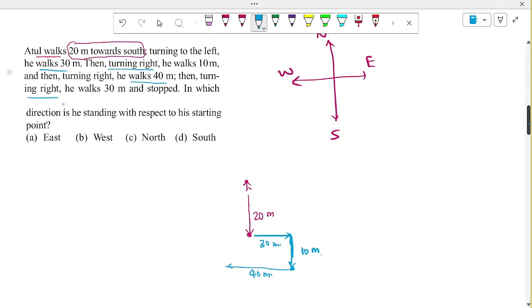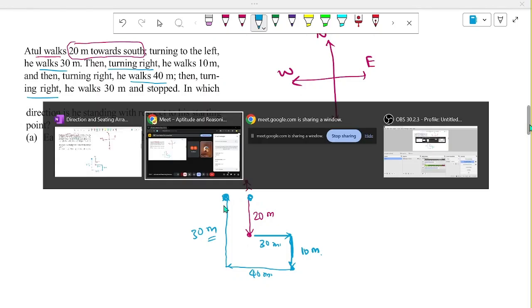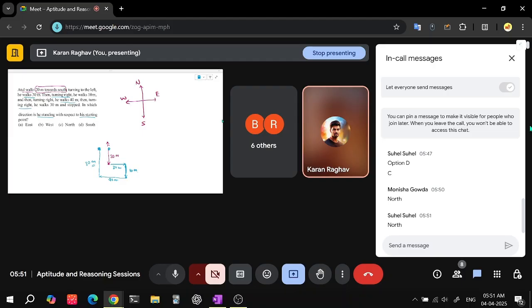Then turning right again, he is going to walk 30 meters. And he stopped. In which direction is he standing with respect to his starting point? It was his starting point and now he is standing here. You need to identify the direction where he is standing compared to the first one. Now the answer of this question is what?